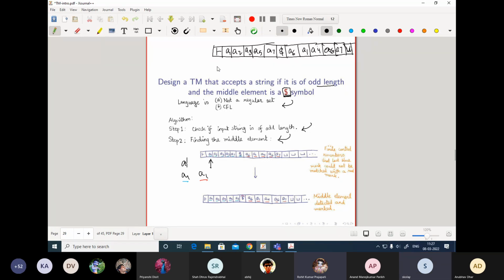To start off, you have your tape head at your left hand marker. Then in the next step, you move your tape head to the right. At the left hand marker, you are always going to move to the right. So you read A1, and these are symbols from sigma.